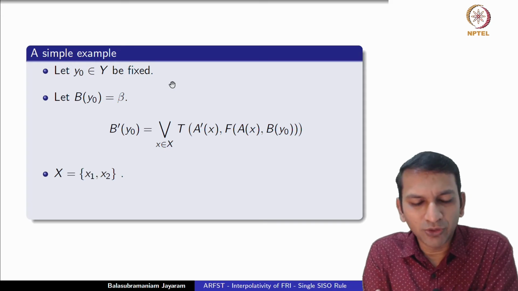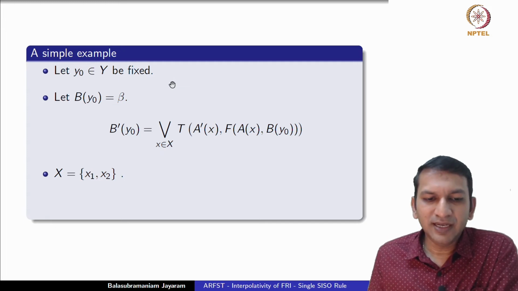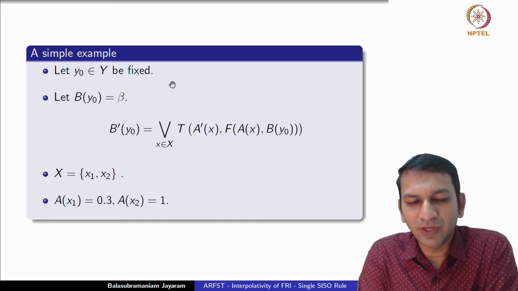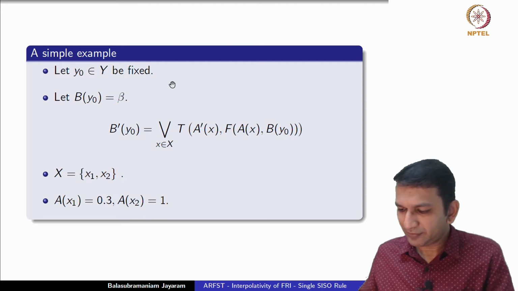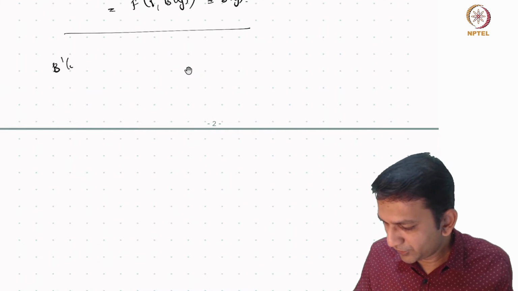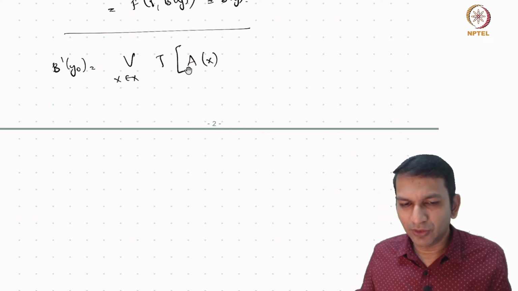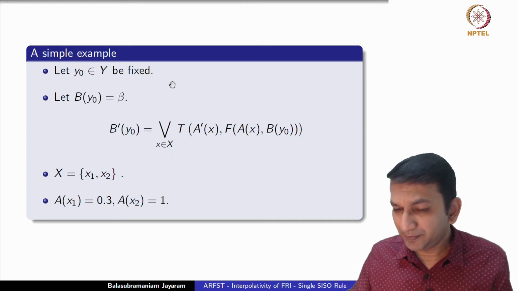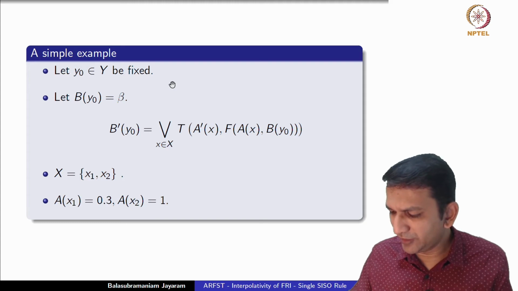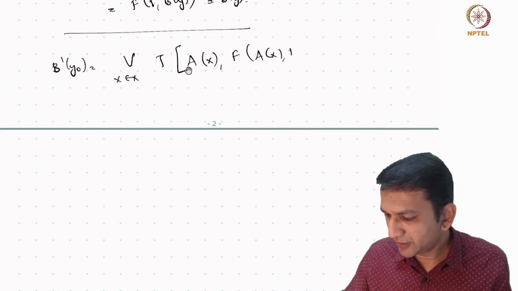Let's for the moment also assume that X has only 2 elements, and the antecedent A takes these as the membership values there. And let's try to calculate what is B dash of y naught. So B dash of y naught is equal to the supremum over x element of X, T of A dash of x comma f of A of x comma B of y naught. Note that we are giving A dash, but now we are checking for interpolativity.